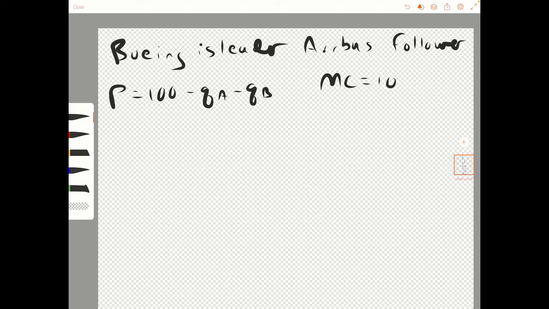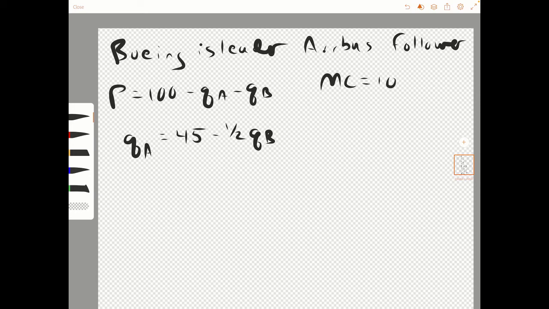So Airbus's reaction function, we've already figured this out, because they're going to be presumably playing the Cournot strategy, so we're going to return their reaction function to where we were when we looked at Cournot as 45 minus 1/2 QB.